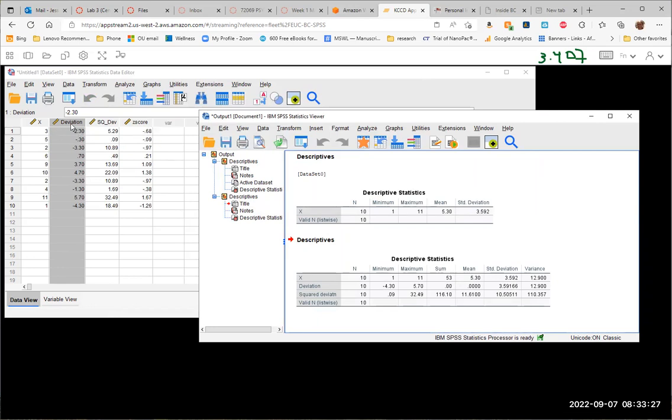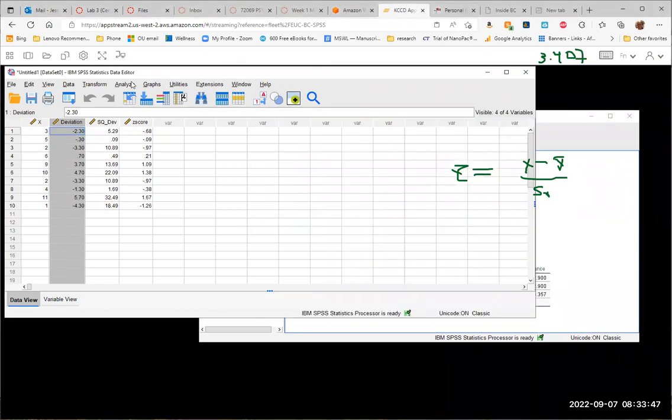To check our work, we're going to use the deviations, because remember, z equals x minus the mean of x over the sample standard deviation.